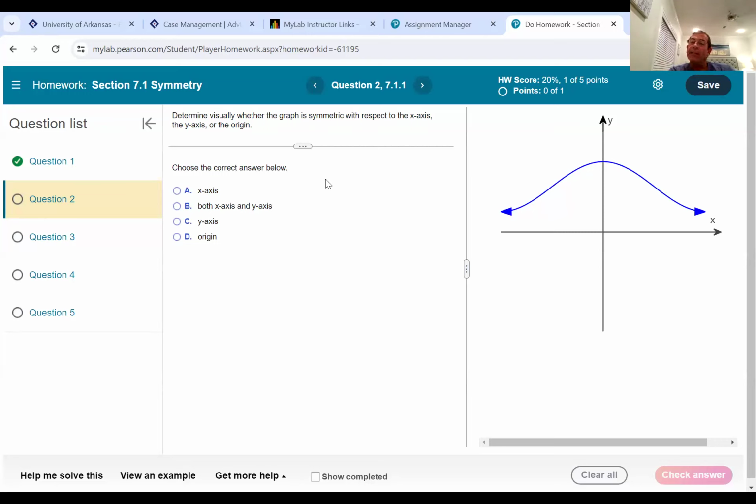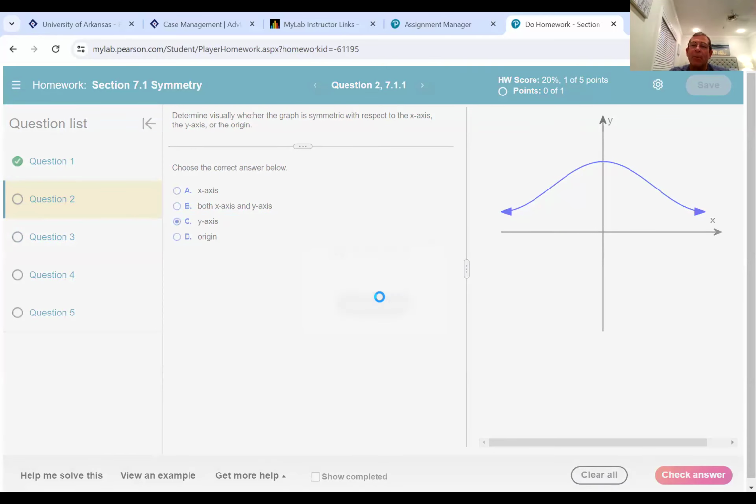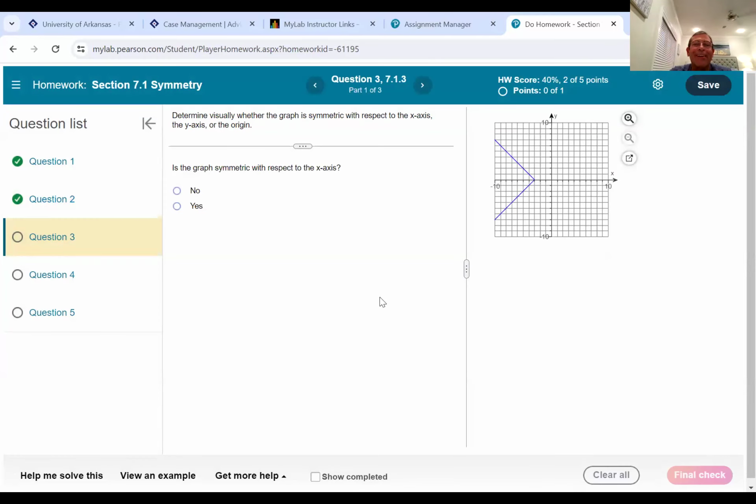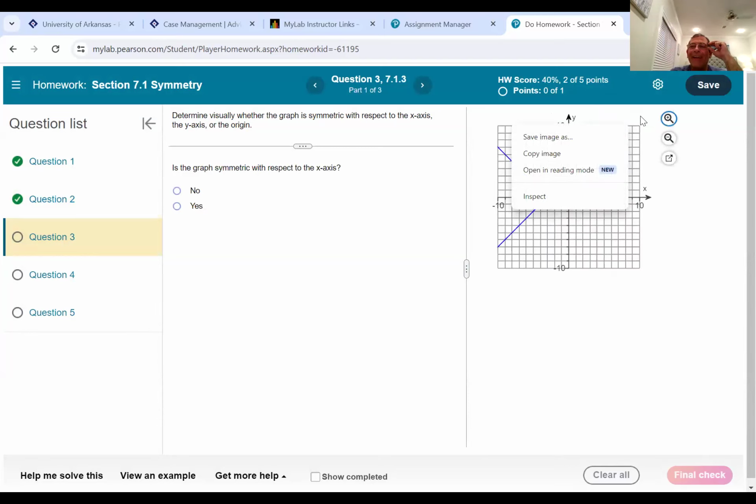And if you take the right side, put it over on that left side, it will land on it exactly. So definitely the Y-axis. Good job. This might be one of y'all's best homework assignments all year.